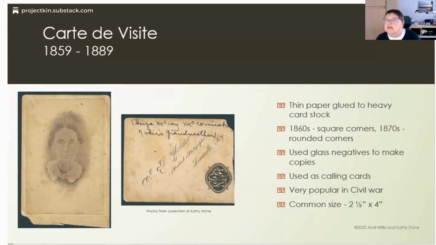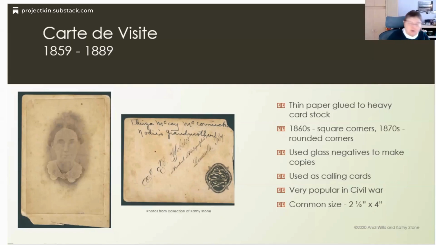The card thickness is a way to help identify when it was taken. Card corners, the size of the image on the card, the borders of the card, and later on they had props in the background. So the use of studio props is another way we can date them.